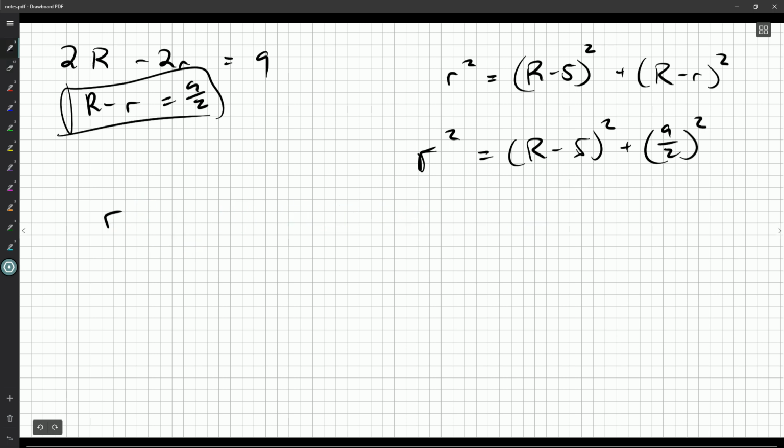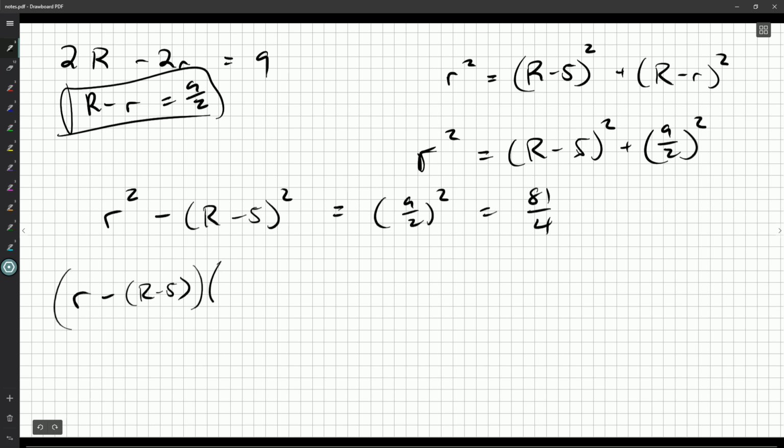Instead, I'm going to rearrange my expression, because this is now a difference of squares here. So I can call this r minus 5, and then call this r plus r minus 5.